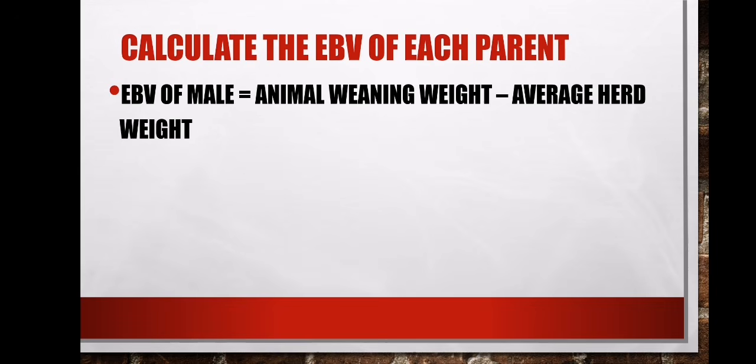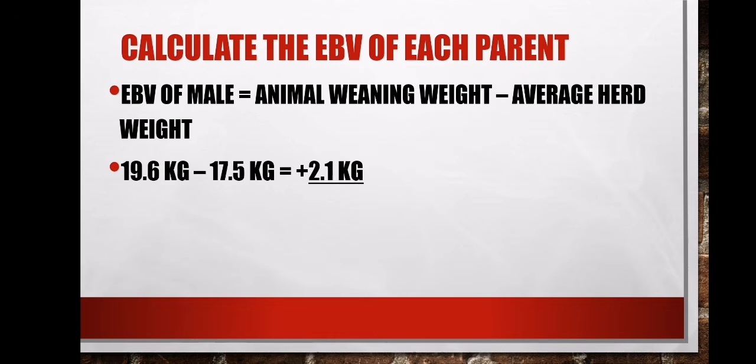Animal EBV of male: animal weaning weight minus average herd weight. Then you substitute. The weaning weight of the male is 19.6 minus the average. The average is 17.5.